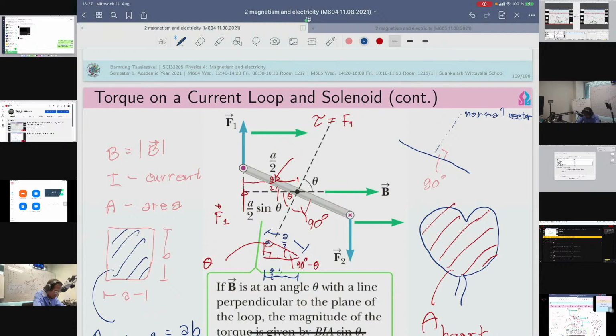It has the same direction as the current I.